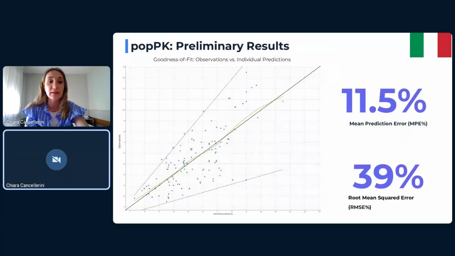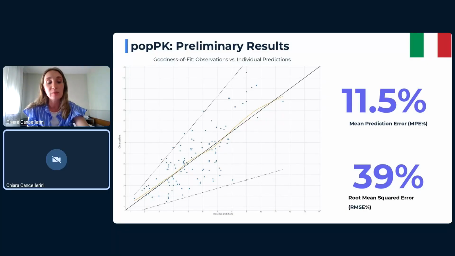But when we went to the true external validation, we could see a solid and robust predictive performance, because the mean prediction error, the so-called bias, was 11%. It indicates a modest, clinically acceptable tendency to slightly overestimate the real plasma concentration.